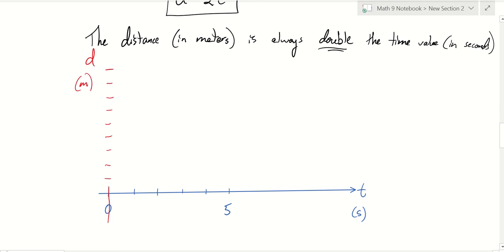So here I have 1, 2, 3, 4, 5, 6, 7, 8, 9, 10. There we go. And so I've marked my scale. I know that each unit on this scale represents a jump by 1 meter in position. So I've clearly labeled everything.